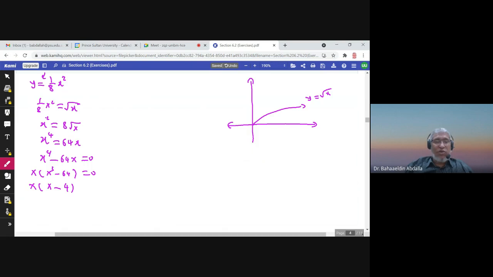Now I have either x is 0 or x cubed is 64, which means x is the cube root of 64, and the cube root of 64 is just 4. So the intersection points are at (0, 0) and at x = 4. Square root of 4 is 2, so this point has coordinates (4, 2), and this is the region.